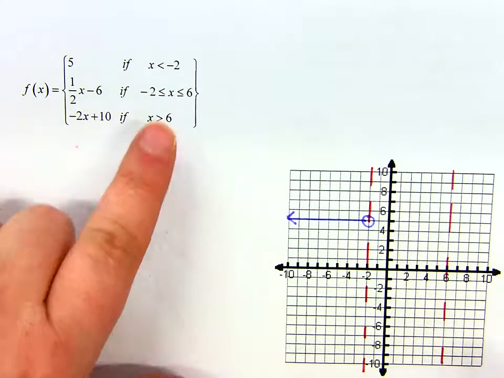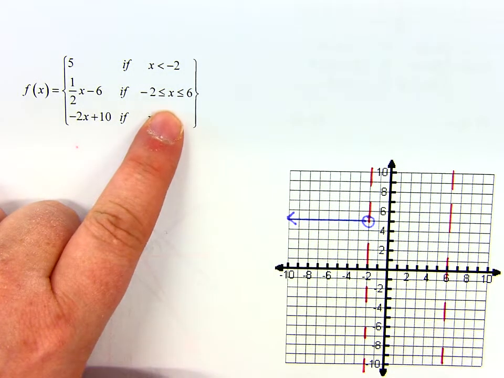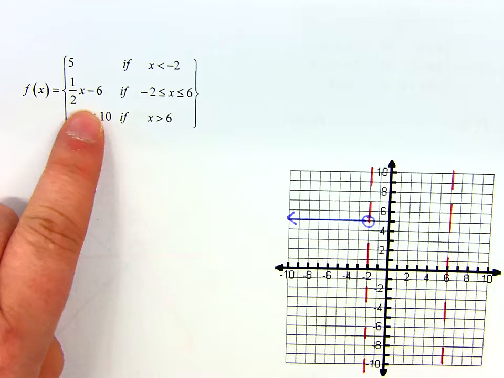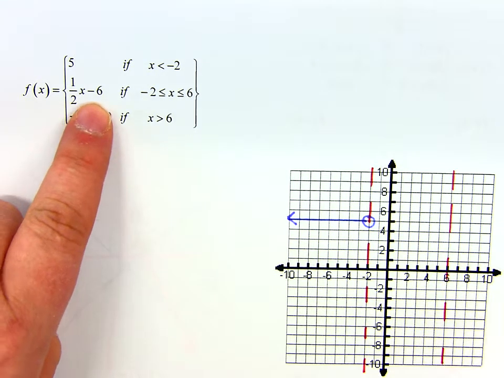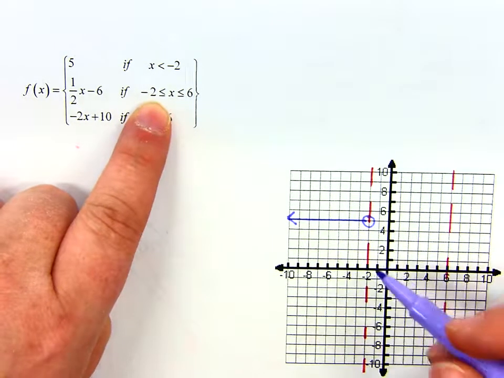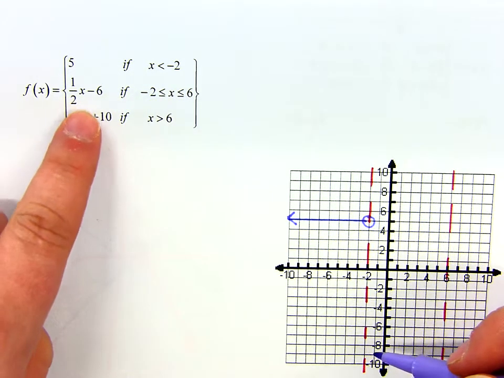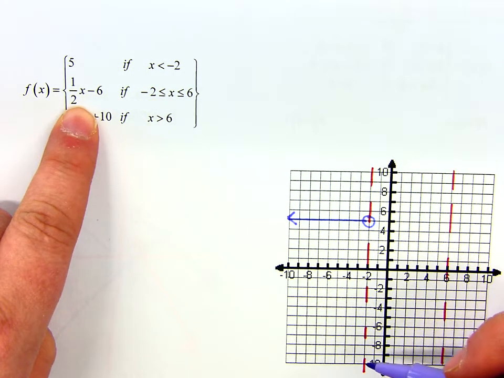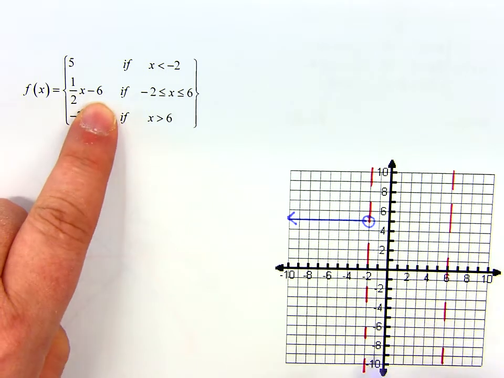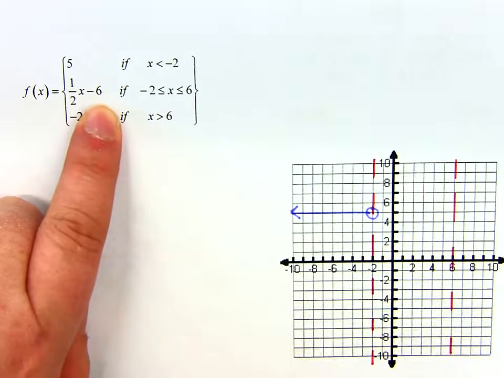Okay, good. Now, to graph this bar that's going to be in the middle, I want it to be 1/2 x minus 6. So I'm going to figure out where I start at -2. So take -2, plug it in. 1/2 times -2 is -1. What's -1 minus 6? -7.